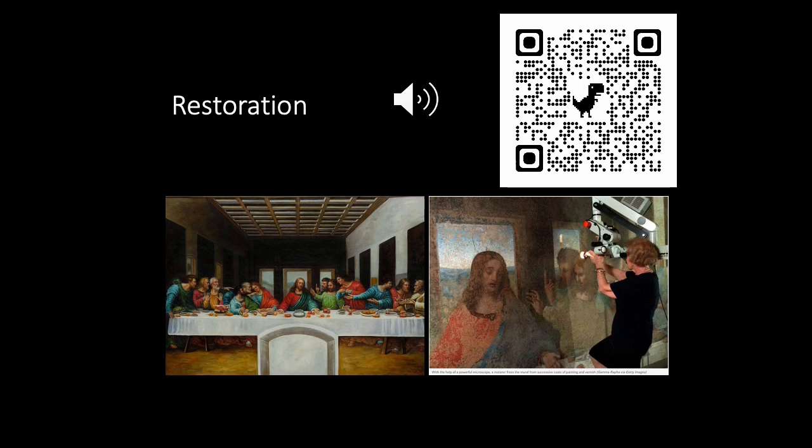So I want to talk to you a little bit about the restoration of the painting. If we go all the way back to Da Vinci's time, I told you that Da Vinci was a very innovative painter. He was so innovative that he wanted to use the materials that he saw coming out of the Northern Renaissance painters. He knew that those oil paints gave the artist the ability to create a very realistic figure that had great detail in it.